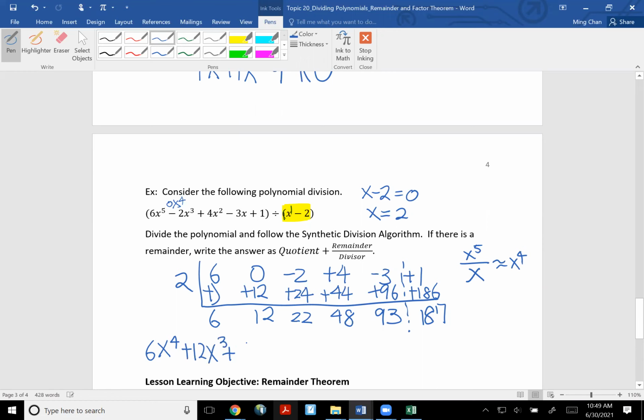Next term, positive 22x squared. Positive 48x. The constant term, positive 93. Right? I do have a remainder, so we write our quotient plus the remainder 187 over the original divisor, x minus 2. Okay, that will be my answer.